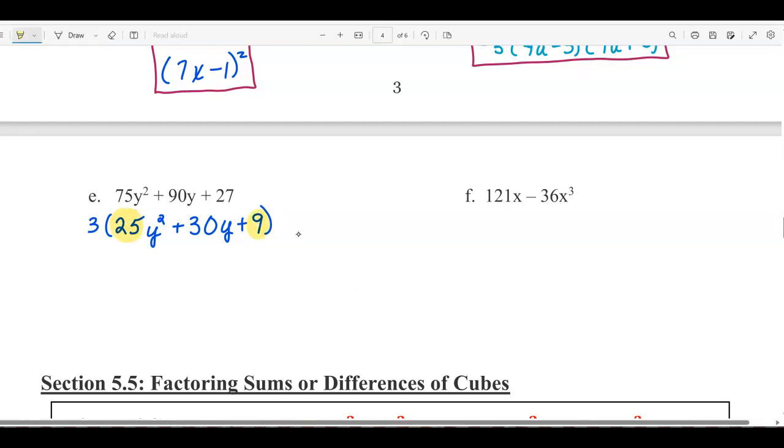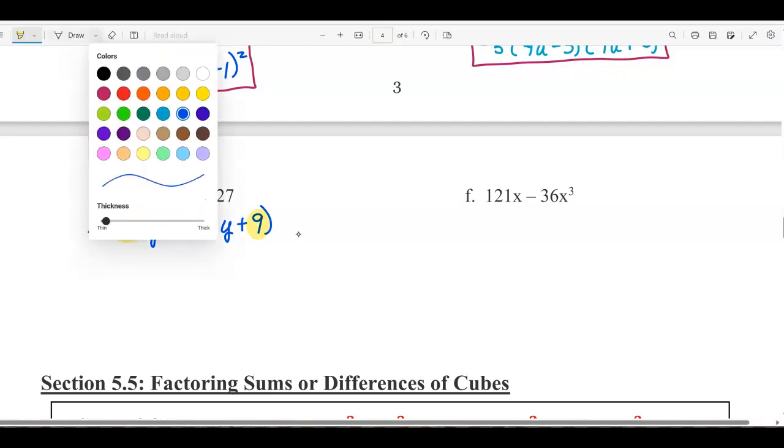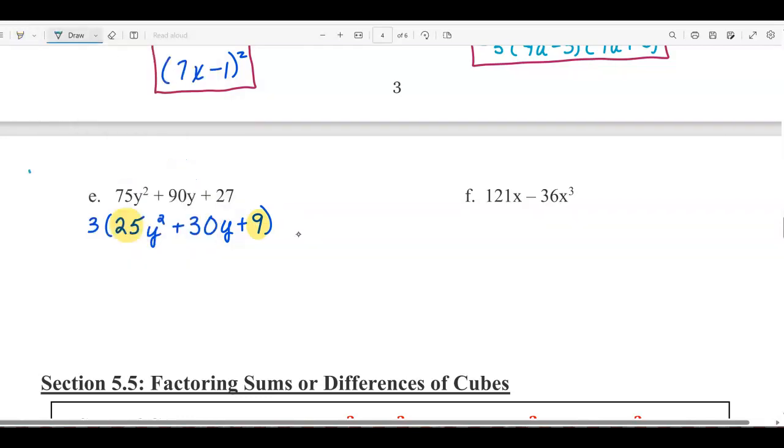So as soon as I do that, I see that in the first and last positions, those perfect squares pop up. So 25 is a perfect square because 5 squared is 25, and 9 is a perfect square because of 3 squared. So if you have to go to the side and write that down, 5 squared equals 25, and 3 squared equals 9. So we can set up our factors to have a 5 in the first position, and a 3 in the last position, and the y comes in.